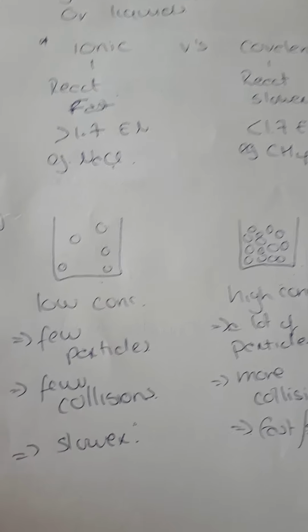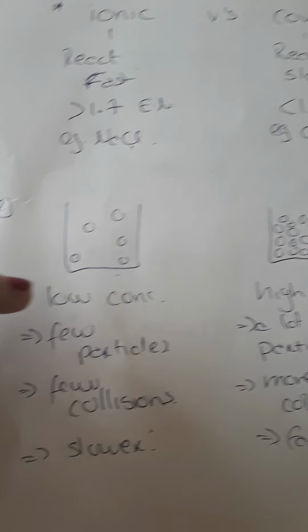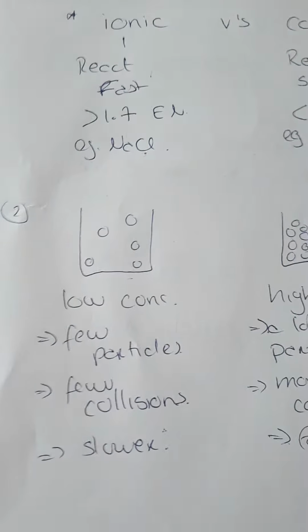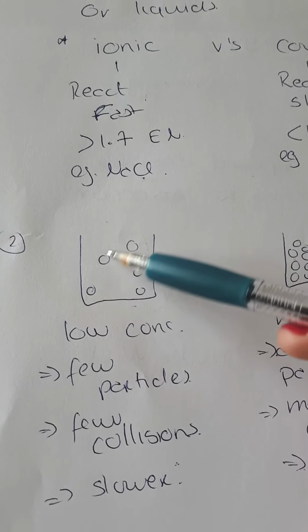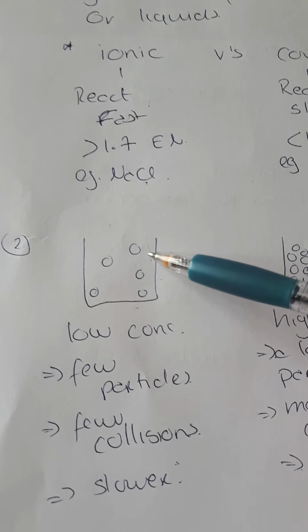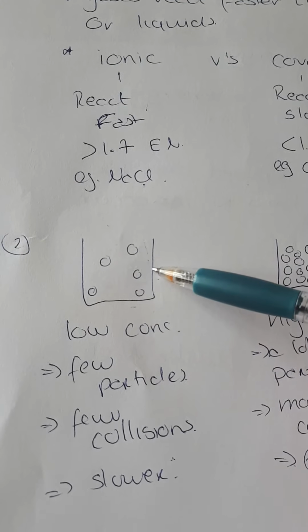So surface adsorption is when we get a solid catalyst and the particles of a liquid or gas sit on top of the surface of the solid. If we go back very briefly to when we were looking at concentration, imagine if we had something that was low concentration and we had very few particles, and because they're so far apart, there's less chance of them bumping into one another.